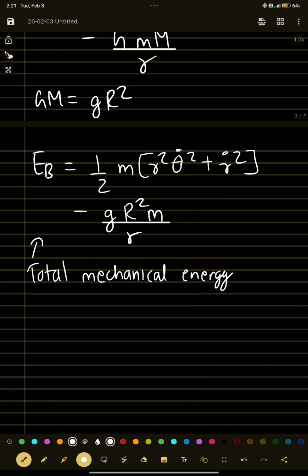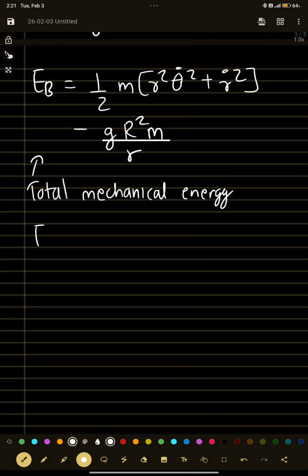Now when you want to write EA, which is equal to EB, what can you say about the energetics at point A? A में भी kinetic energy होगा, potential energy होगा. So tell the kinetic energy of this.